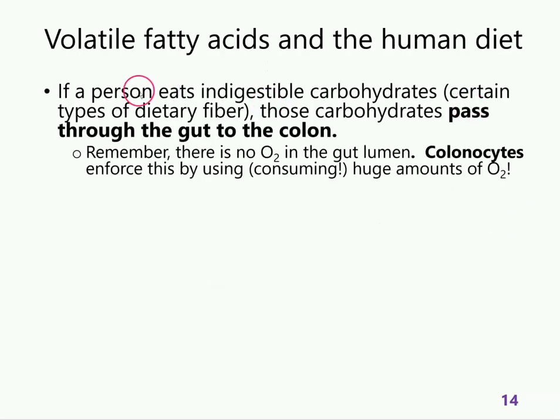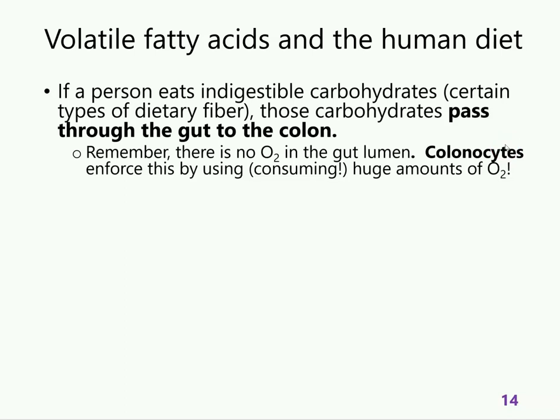So what happens is a person will eat some type of dietary fiber, some indigestible carbohydrate, and it will pass through the stomach and through the small intestine without being digested, without being absorbed. It will make it to the lumen of the large intestine, where there is no oxygen. Why isn't there oxygen? Well, partly because oxygen that would diffuse in from the blood gets consumed by the colonocytes.